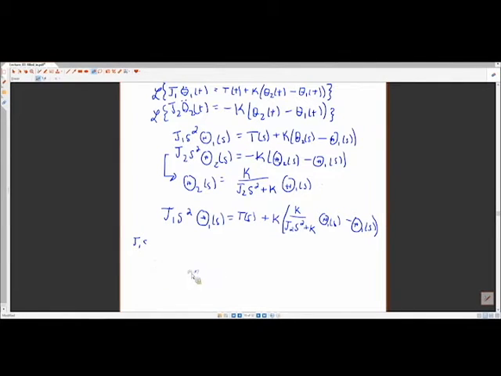Okay, we get J1 S squared theta 1 times J2 S squared plus K is equal to T of S times J2 S squared plus K plus K. Actually, I'm going to go on the next line because I'm not giving myself enough room.